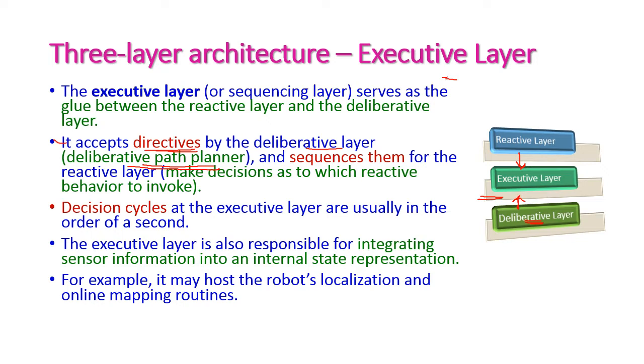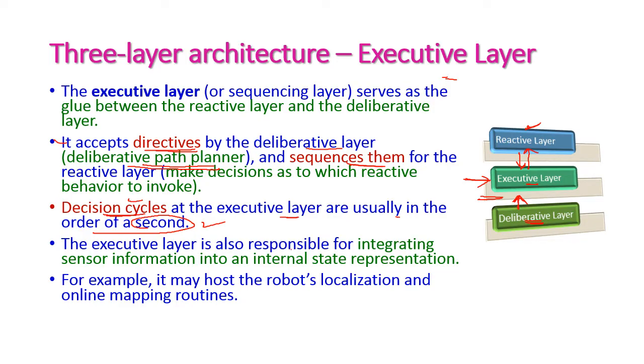It accepts all the directives, sequences them using this executive layer, and then that will be given to the reactive layer, so that the robot will react based on these directions. The decision cycles at the executive layer are usually on the order of seconds.